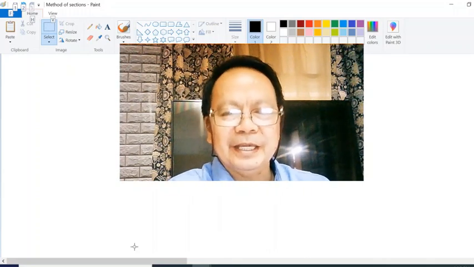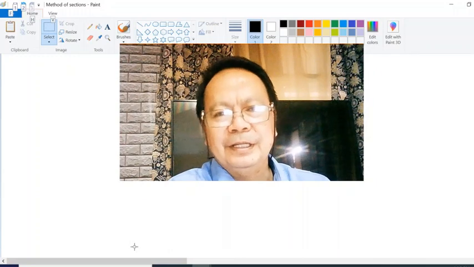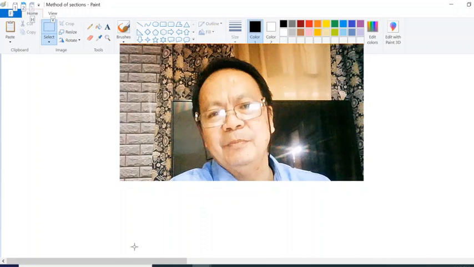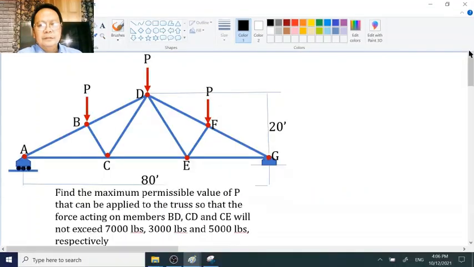At ngayon guys ay magpapakita tayo ng isang problem about analysis of structure, particularly on method of sections. Guys, ito ang problem, ano? Sabi dito sa problem, we are to find the maximum permissible value of P that can be applied to the truss without exceeding a force on members BD, CD, and CE of 7,000 pounds, 3,000 pounds, and 5,000 pounds respectively.